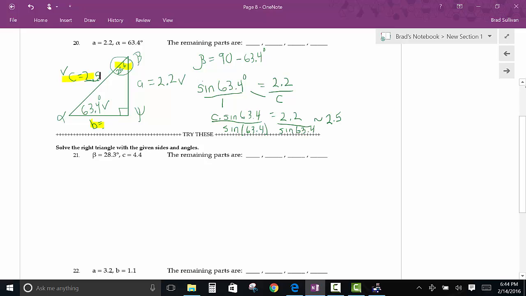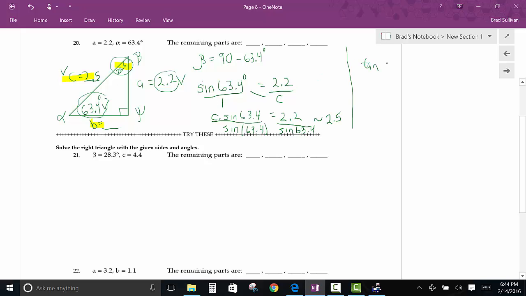Now let's find B. I'm going to find B by doing trigonometry, because that's more what I'm trying to teach you anyway. Looking at angle alpha, I gave you a side opposite, and now if we find B, we're finding a side adjacent. So we're going to use the tangent.